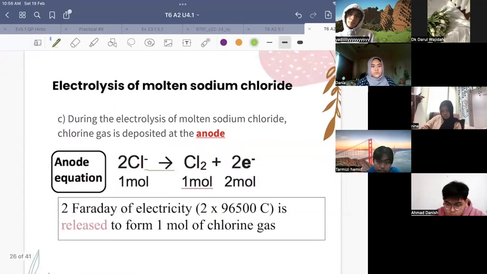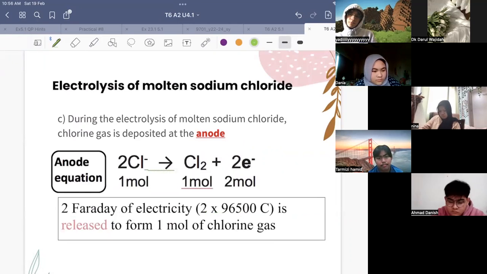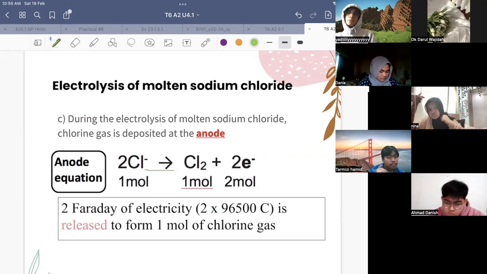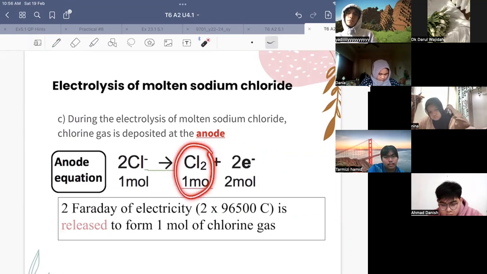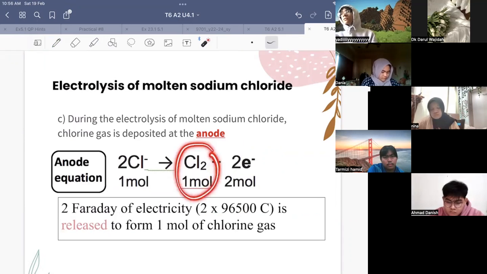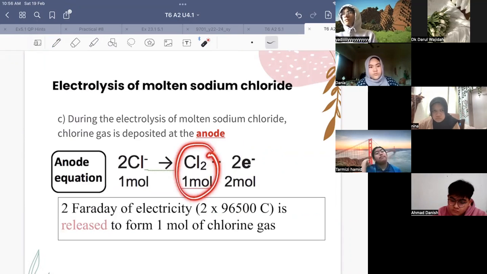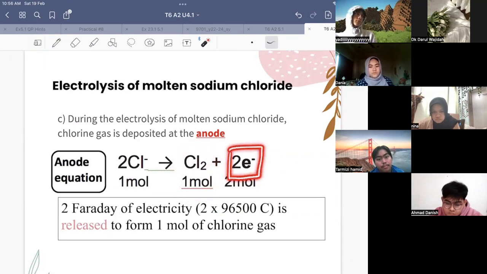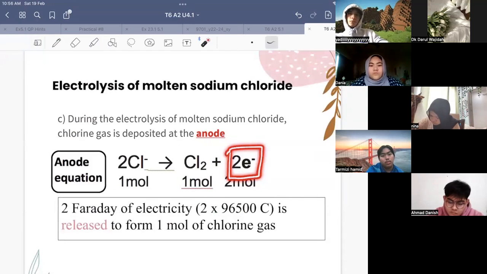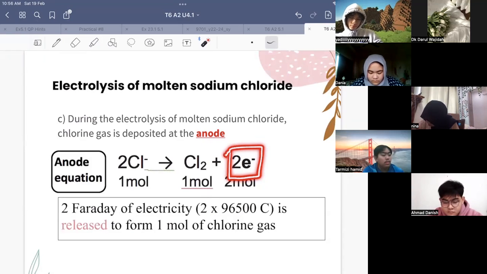It works the same for the anode as well. At the anode, this time we're looking at an oxidation reaction. Oxidation occurs at the anode. So if we have the electrolysis of molten sodium chloride, where we produce chlorine gas, to produce 1 mole of chlorine gas, we will release 2 moles of electrons. Same thing: 2 moles of electrons would have a quantity of charge of 2 Faradays.